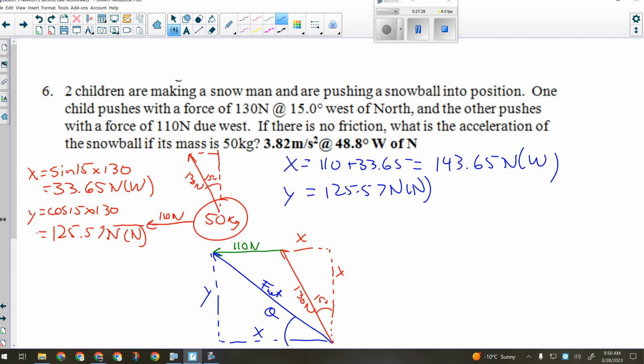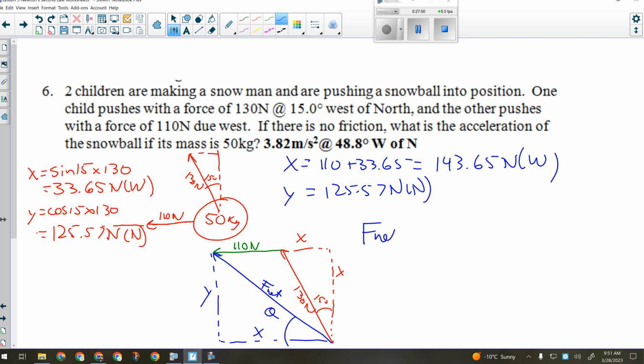All right, what do I do now? I just did finding x's and y's until I'm dizzy. What do I do with them? Yeah, now I do Pythagorean theorem. Pythagorean theorem will get me the hypotenuse, whose magnitude at least is the net force.